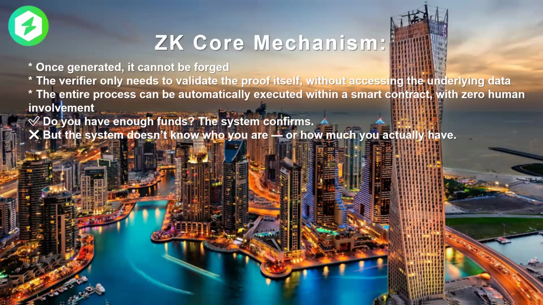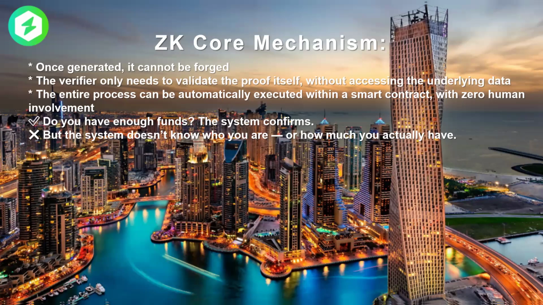This object has the following characteristic: once generated, it cannot be forged. The verifier only needs to validate the proof itself without accessing the underlying data, and the entire process can be automatically executed within a smart contract with zero human involvement.